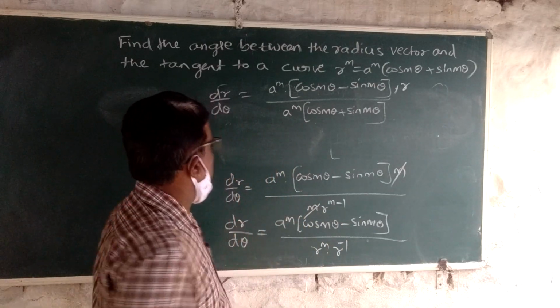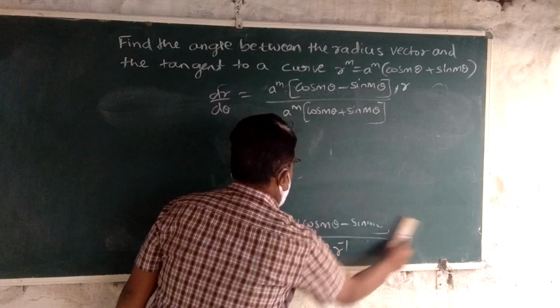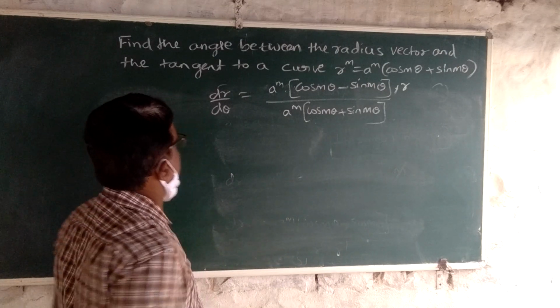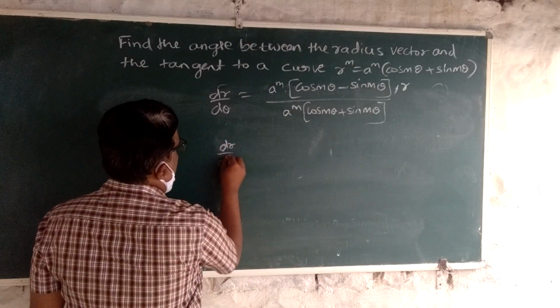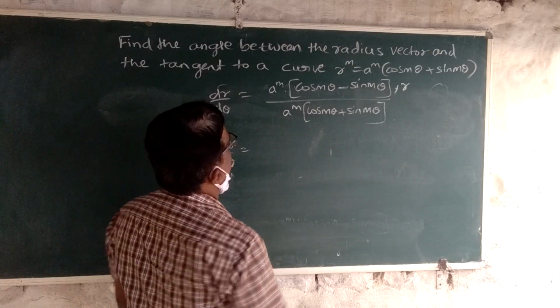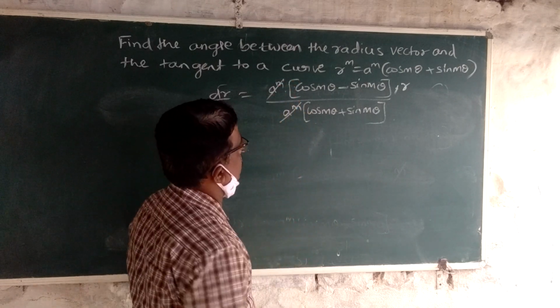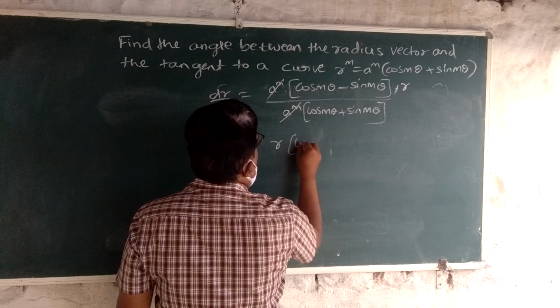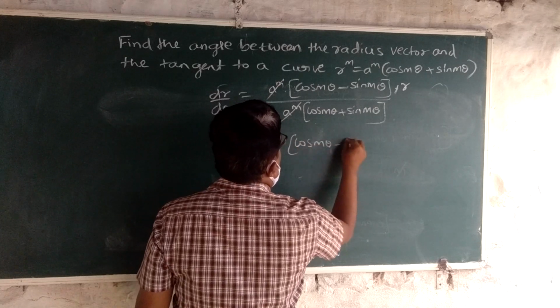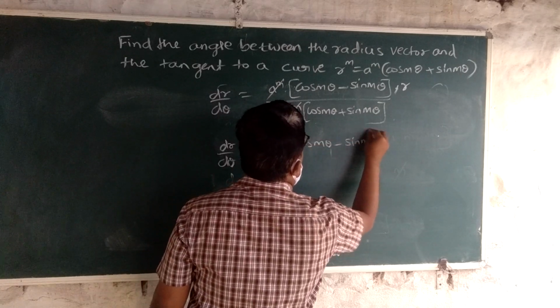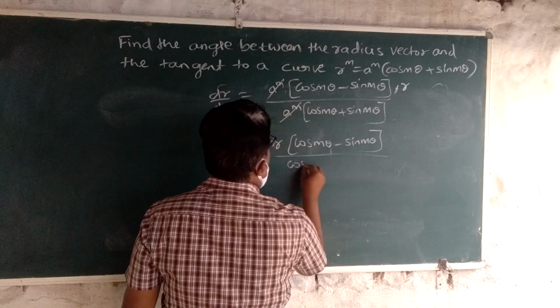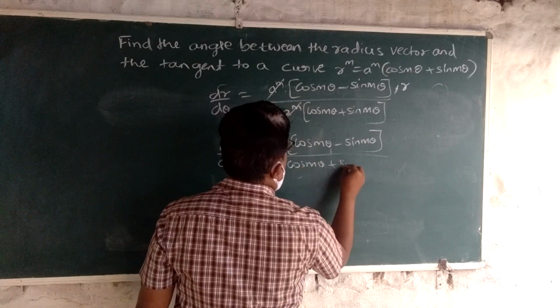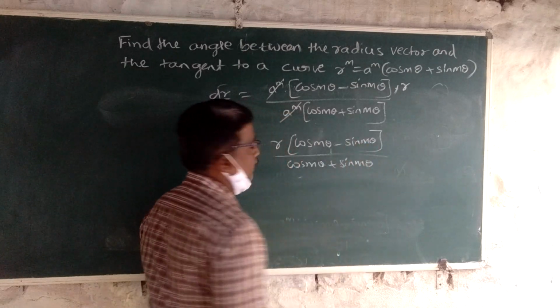Now this gives dr by d theta equal to r, as a^m gets cancelled, into (cos m theta minus sin m theta) divided by (cos m theta plus sin m theta).